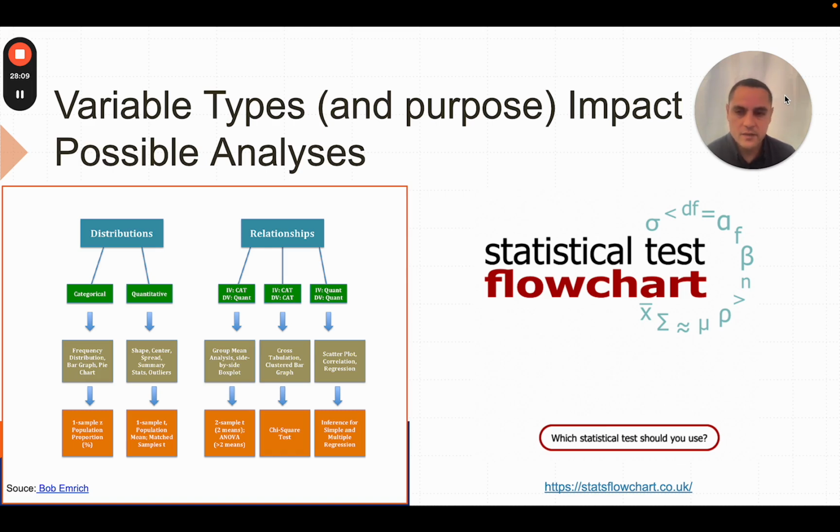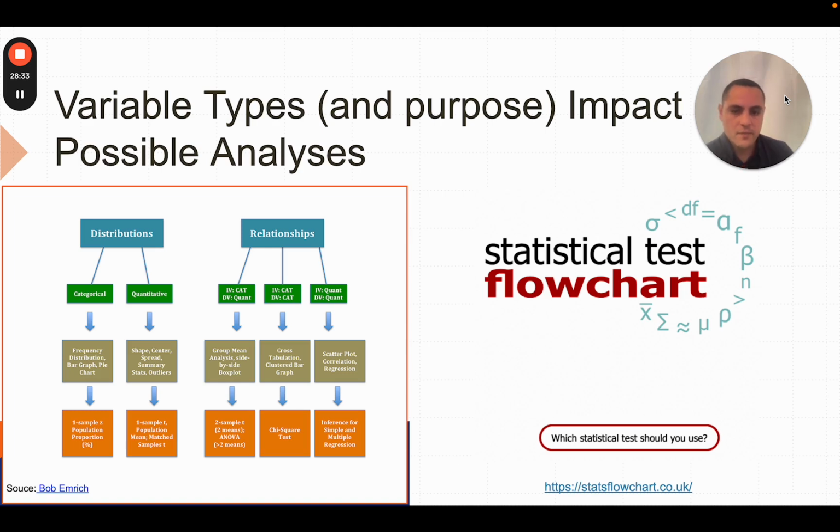Obviously in the green, you can see that DV is dependent variable, IV is independent variable. And I could have quantitative, categorical, quantitative, and you could see the various types of analyses I can perform to evaluate those relationships.